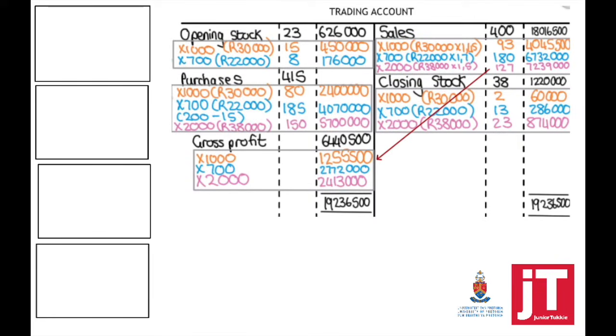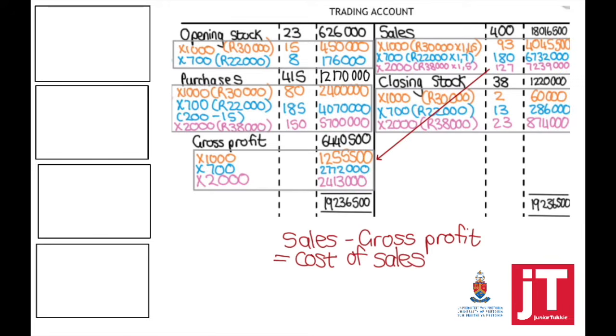If you've completed the trading account, I can get the cost of sales by taking my opening stock plus purchases minus my closing stock. Or you can take your sales minus the gross profit equals cost of sales.